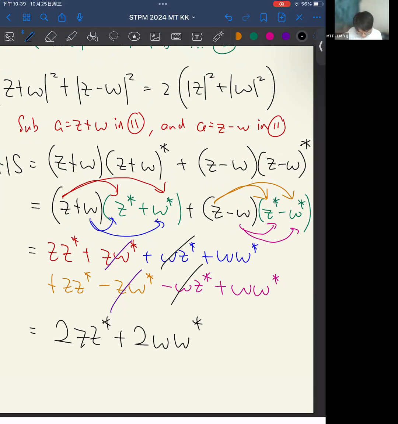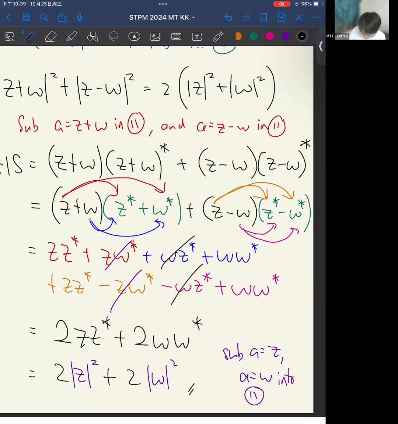So using it again, just substitute A equal to Z and A equal to W into 11. So this is Z modulus square and W modulus square, 2 of this plus 2 of this, and we have done the proof.